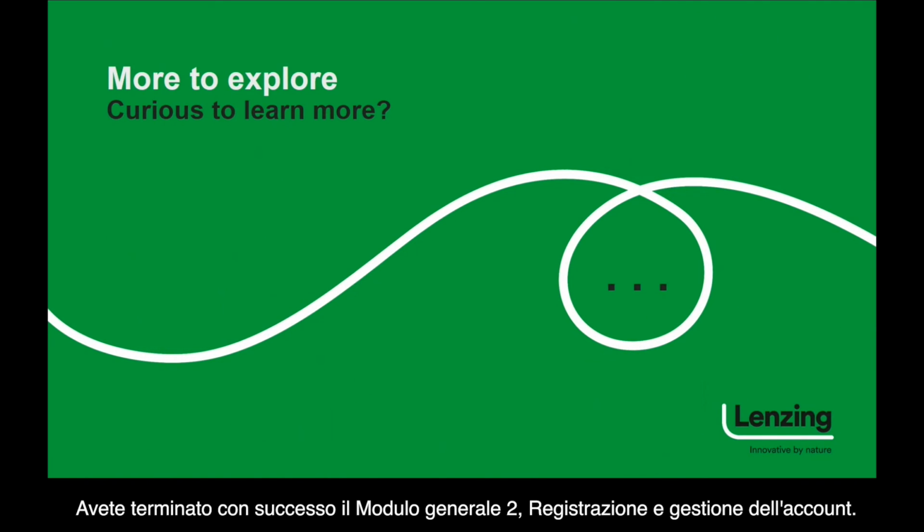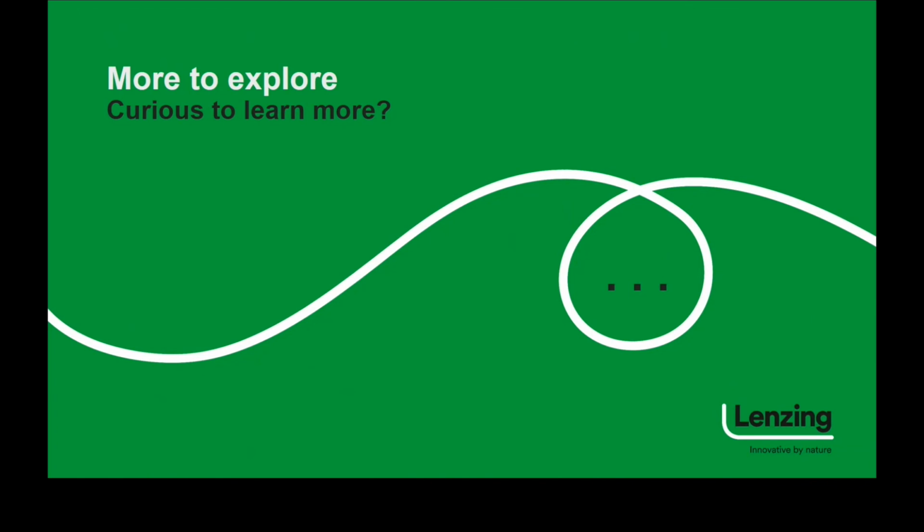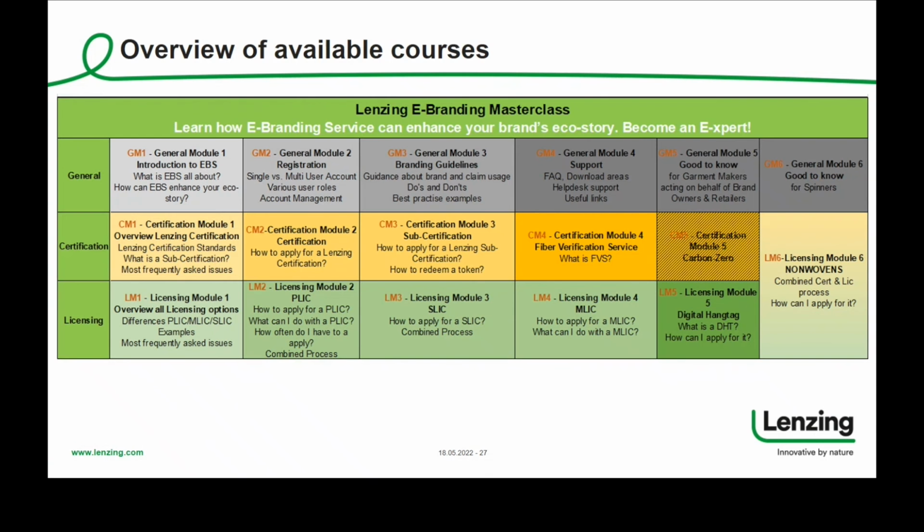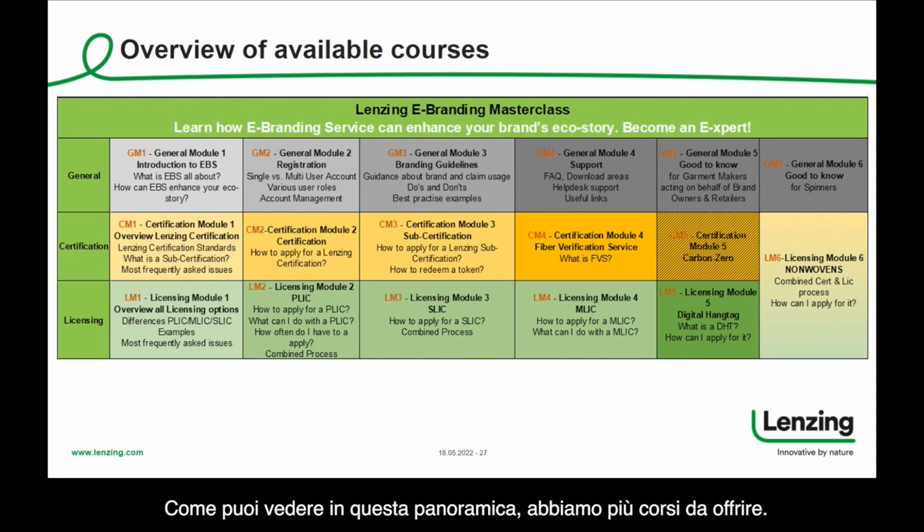Congratulations! You now successfully finished the General Module 2, Registration and Account Management. Curious to learn more? As you can see in this overview, we have more courses to offer.